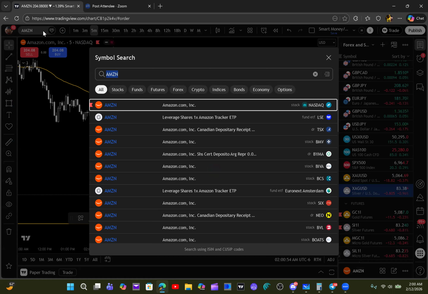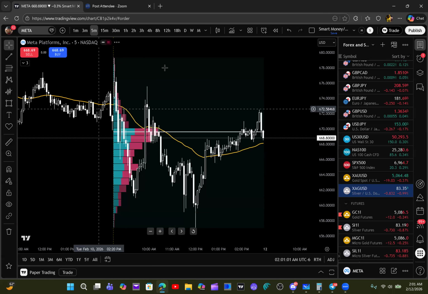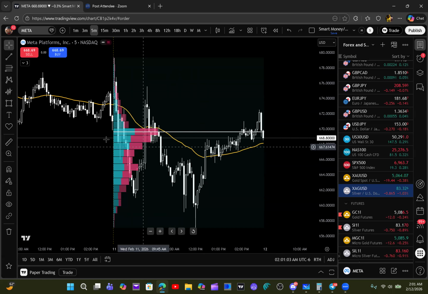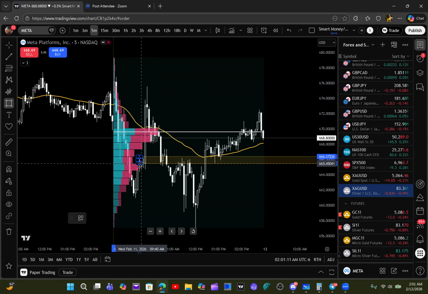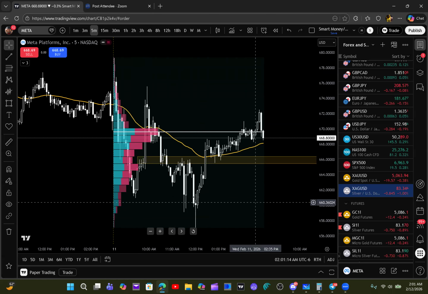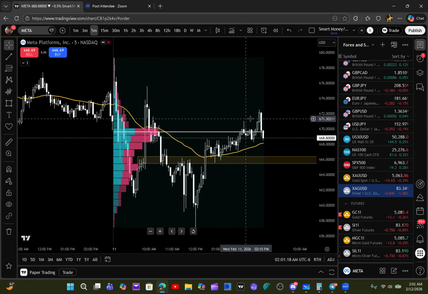Let's see, one more stock and we done. Let's look at Meta. Is Meta going up? So we got low volume node right there that we broke through, respected it right there. Boom.